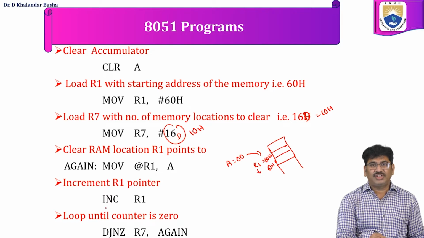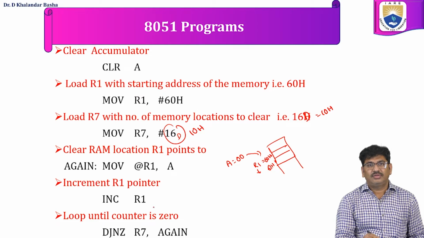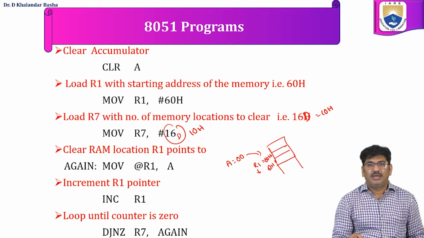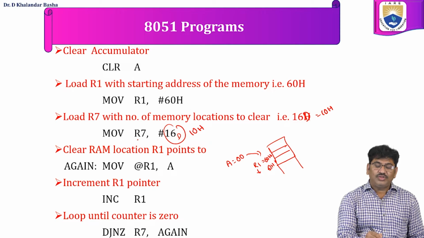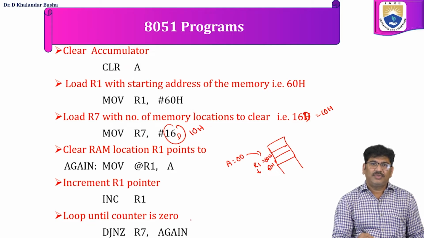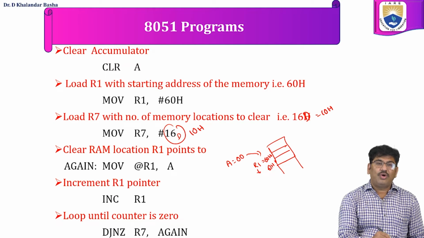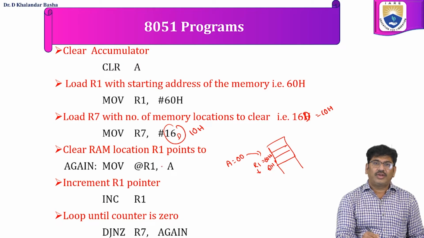So we use the instruction INC R1. Now the contents of R1 are 61, then 62. For every iteration it will be incremented. As one transaction is done, the count loaded into the R7 register will be decremented. If it is non-zero, the accumulator data is copied into the memory location pointed to indirectly through R1.